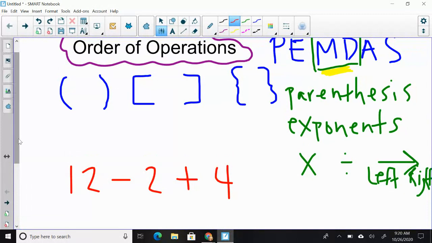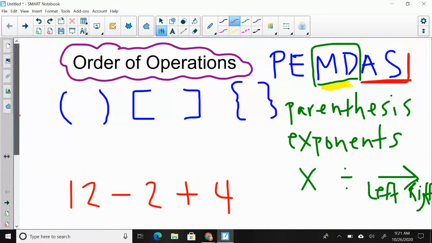Addition and subtraction. Again, addition is before subtraction in this phrase that we say to remember the steps. But again, these two are also on the same level, okay? So we're going to work our problem from left to right if we only have addition and subtraction, okay?